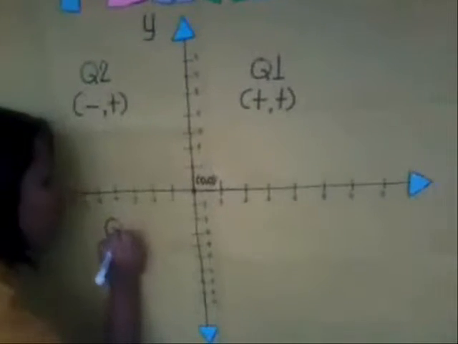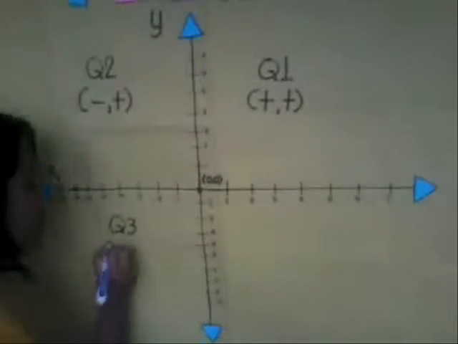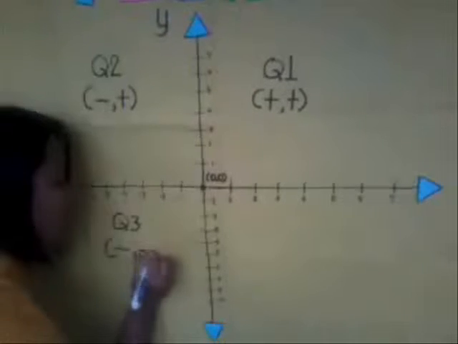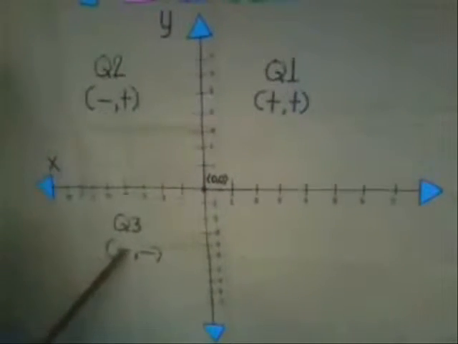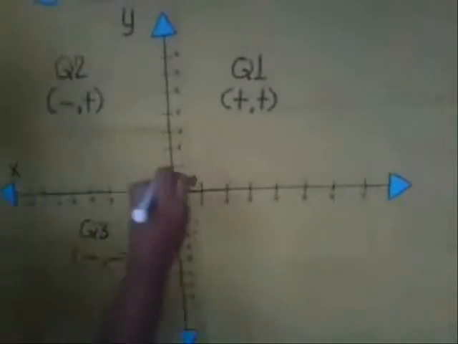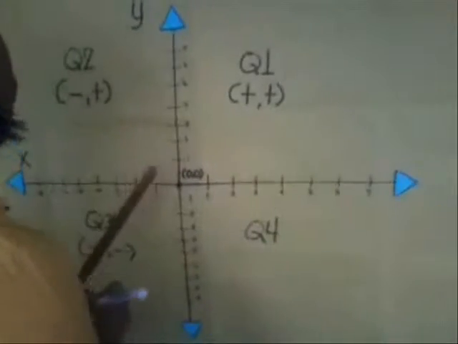Down here is quadrant 3. We have negative x's and negative y's. So the sign used is minus, minus, indicating that this is negative x and this is also negative y. Over here is quadrant 4. We have positive x's and negative y's.